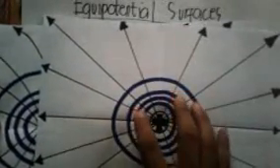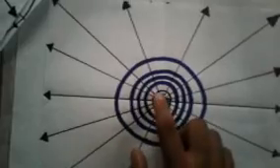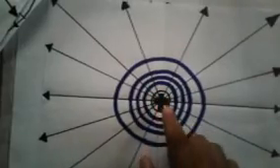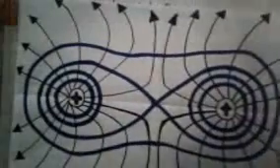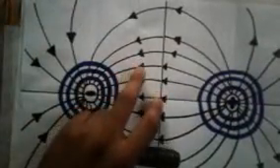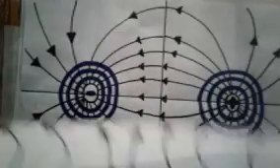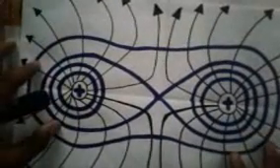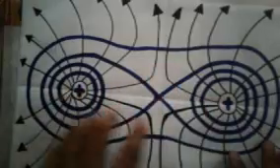For the first illustration, we have a single positive charge; for the second, an electric dipole; and for the third, two equal positive charges.